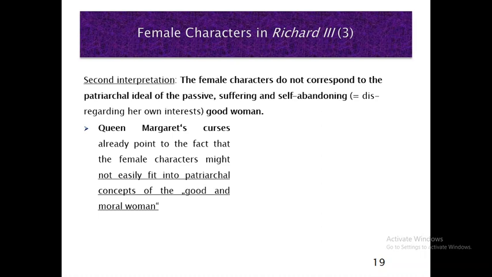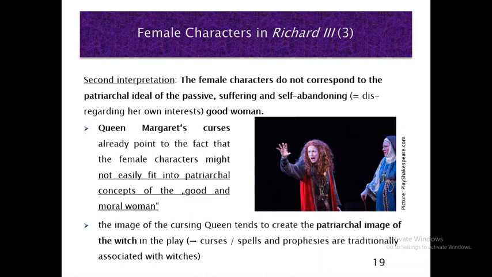We could say that Queen Margaret's curses that are already referred to point to the fact that the female characters might not easily fit into patriarchal concepts of the good and moral woman. Because the image of the cursing queen tends to create the patriarchal image of the witch in the play, because curses or spells and prophecies are traditionally associated with witches.